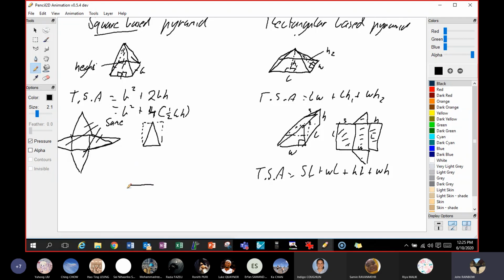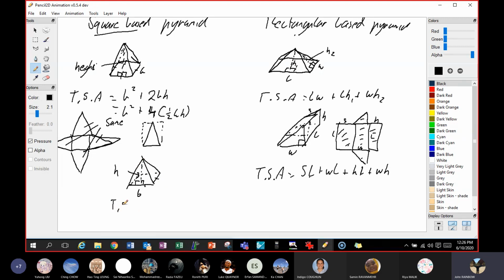So for example, if you've got a question like this, let's say this is 6 centimeters, and the height is 3 centimeters, and that is a right angle. And I ask you, this is a square-based pyramid, what is the total surface area of this?